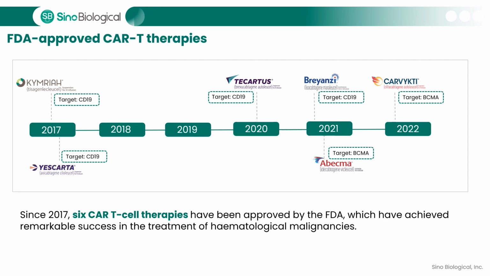This innovative cell therapy brought a huge breakthrough in the treatment of hematological malignancies. Thus, it has led to great interest in R&D for cancer treatment from the research community and the whole industry.